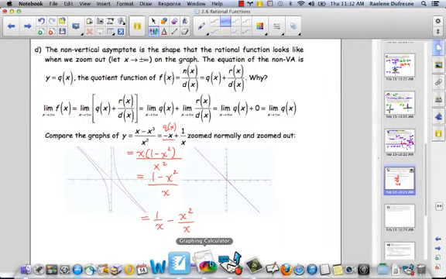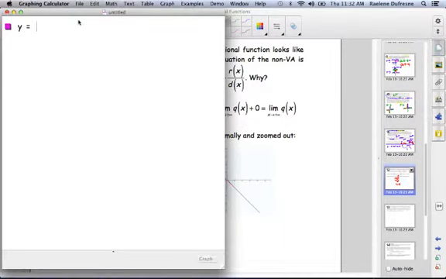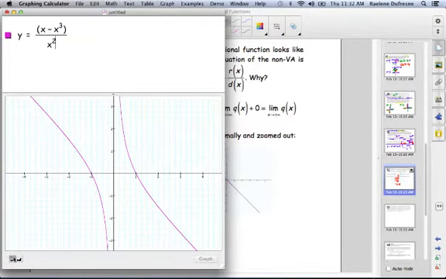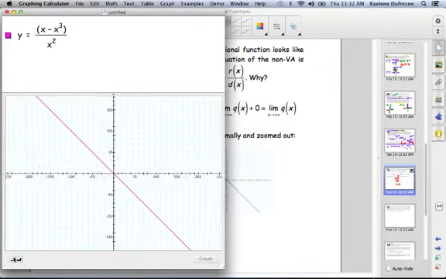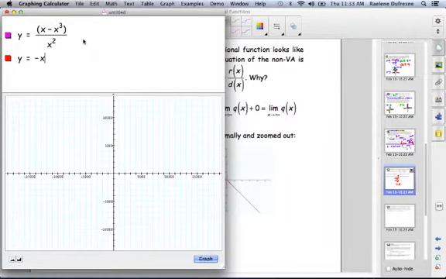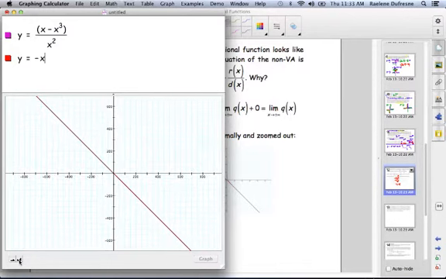So let's look at the graph in a different window. We have y equals x minus x cubed divided by x squared. Okay, if we zoom out, eventually this graph looks like a slanted line. And the slanted line that it looks like is the quotient that we get when we divide the numerator by the denominator. That quotient is negative x.